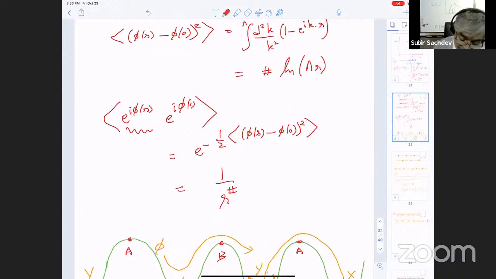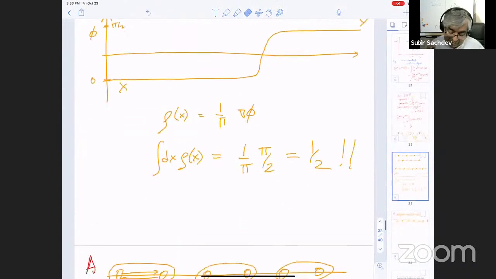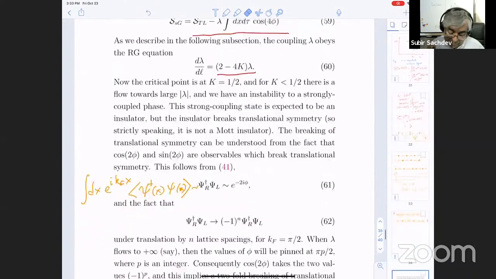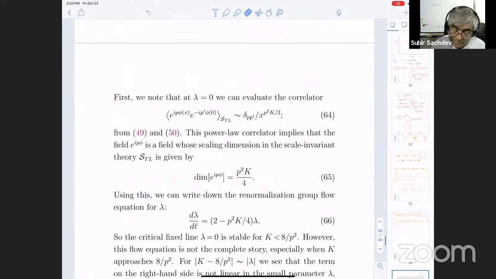And in this case, we know what the power is. I hope I remember. Well, the power is worked out in the notes here. Yeah, so here I do it. I actually compute it, and you get p squared k over 2. In this case, p is 1. Okay, so p is 1. This will be k over 2.